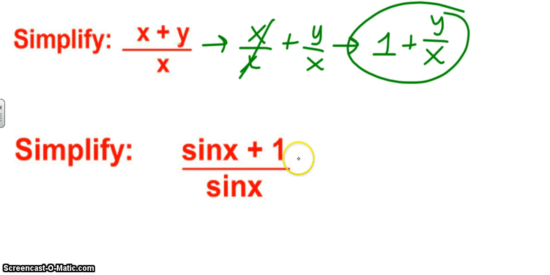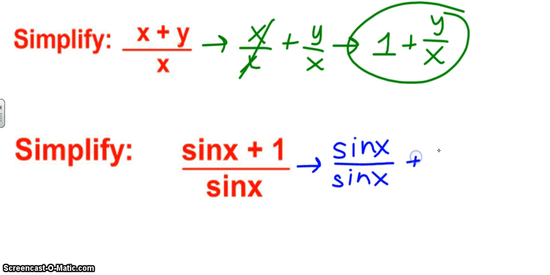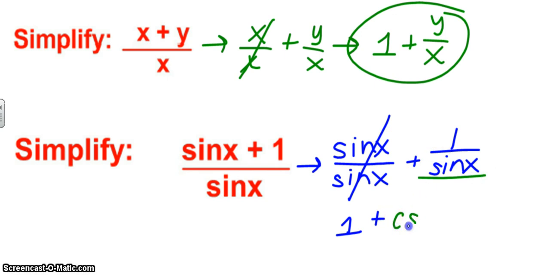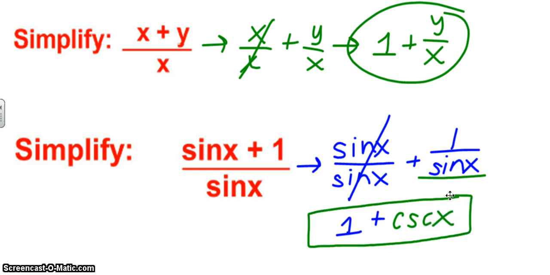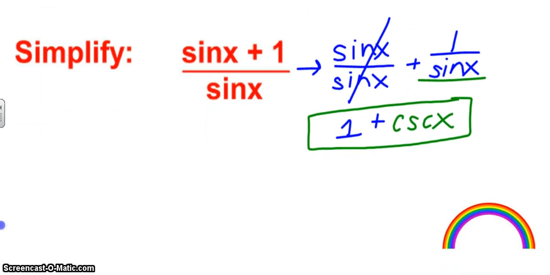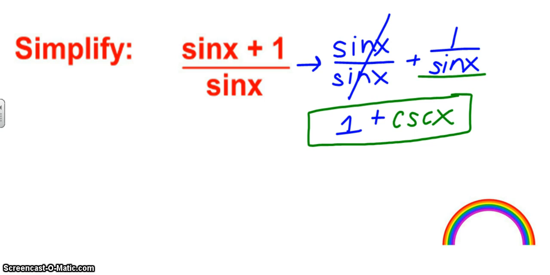So making that trig connection, we can break this up into sine of x over sine of x plus 1 over sine of x. These are going to simplify to 1, and we know that 1 over sine of x, that's going to be the same thing as cosecant of x. So again, it's the algebra that gets you there to simplify, and then make that trig connection and use your identities.